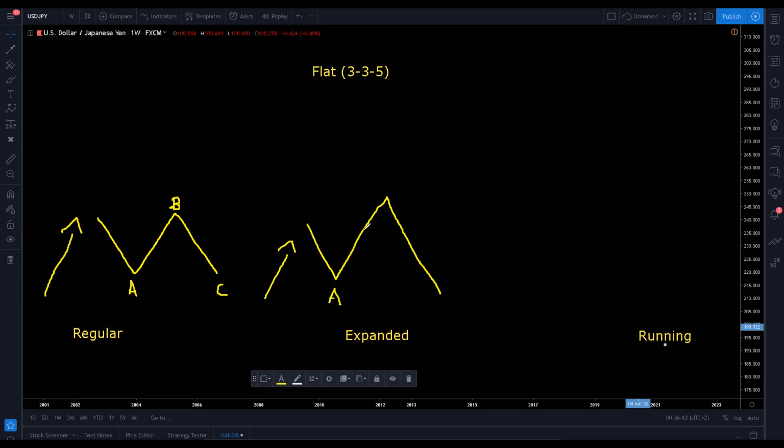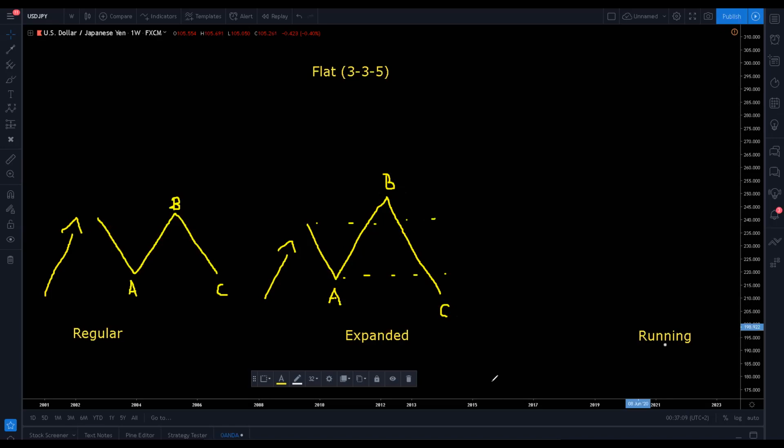So you have your wave A, you have your wave B, then you have your wave C. The characteristics is that wave A is higher than the beginning, wave B is higher than the beginning of wave A, and then wave C is lower than wave A. Like this.